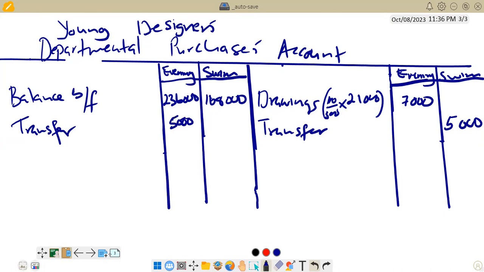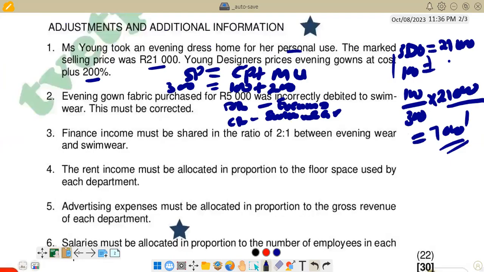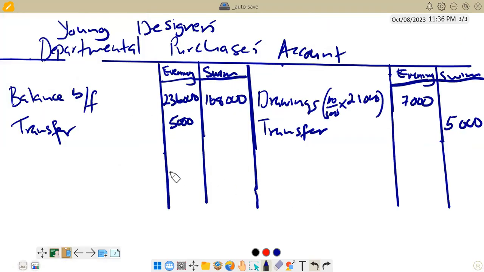Right. We go back again to check if we've got anything else to do with purchases. So item 6 is the last one. You can see that there's nothing else that we have there. We go in the balance of that purchases account. So we are going to have some double lines here, both on the debit and on the credit.